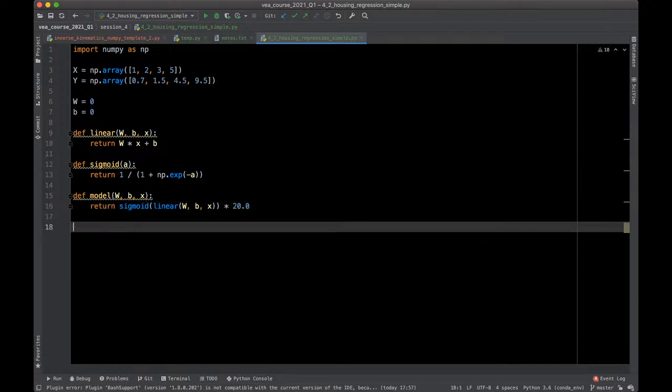And then we can also have the y prim. We can predict immediately from all of our x's with one call, model of the weight, bias, and all of the x's. One way is to have a for loop and go one by one, but we actually want to learn and calculate by batch.